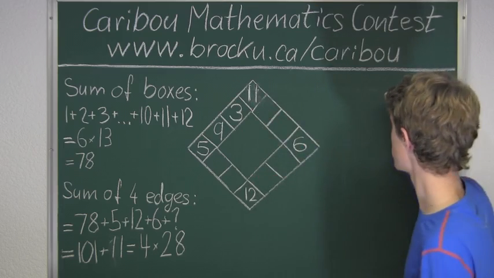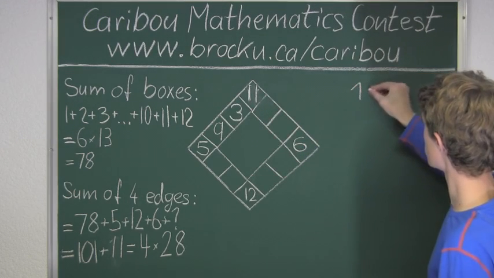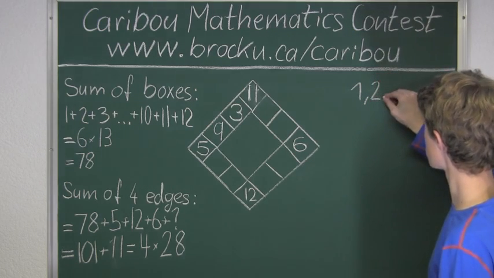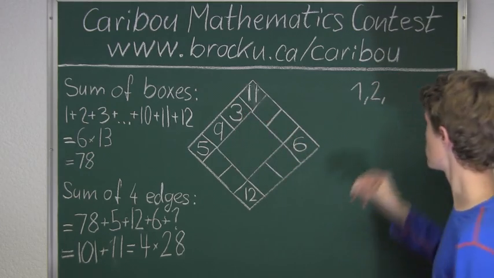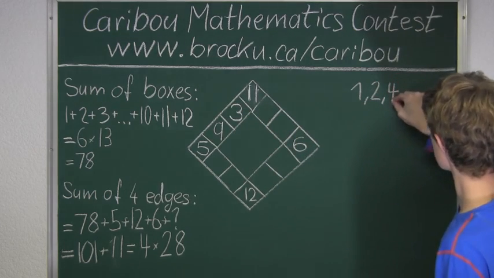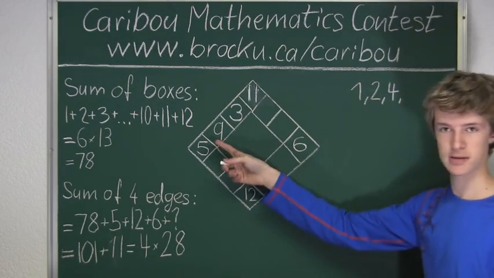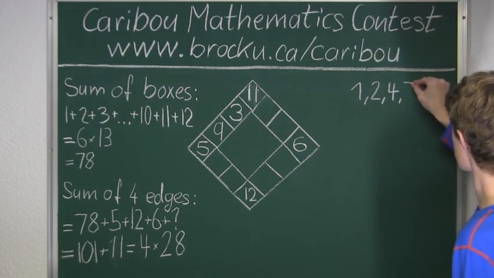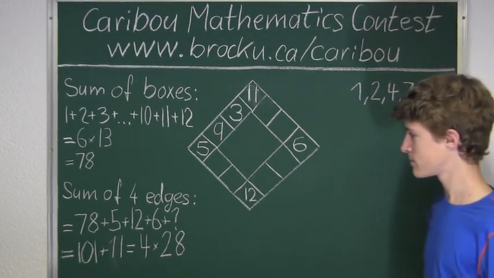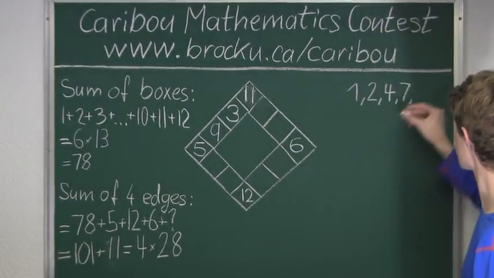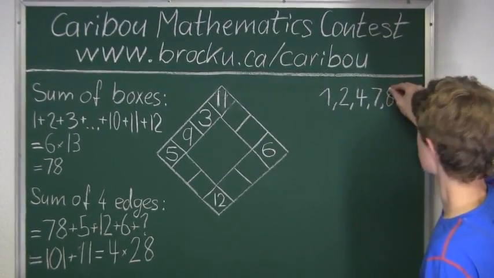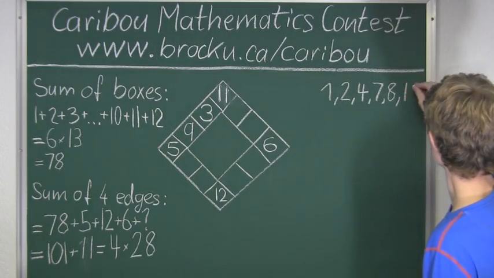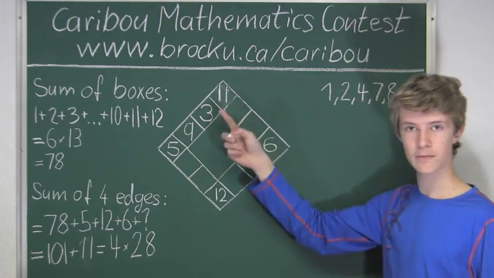We don't have 1. 2, we don't have either. 3 is already here. 4, we don't have. 5 is already here. 6 is already here. 7, we don't have. 8, we don't have either. 9, we have. 10, we don't have. 11, we already have.